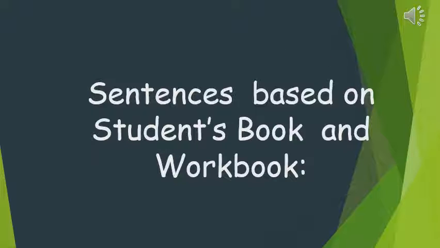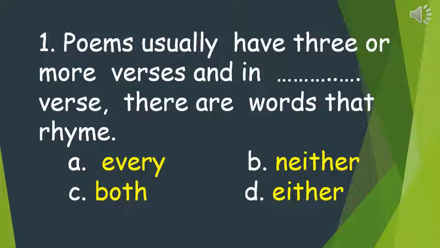Okay, here are some sentences based on the students' book and workbook. Number one: poems usually have 3 or more verses, and in every verse there are words that rhyme. You have choices like every, neither, both, and either.